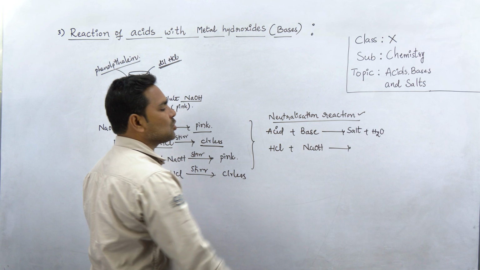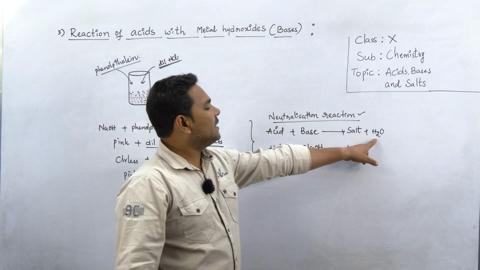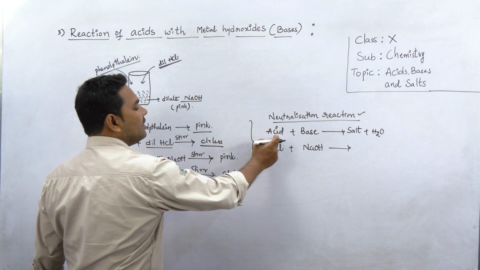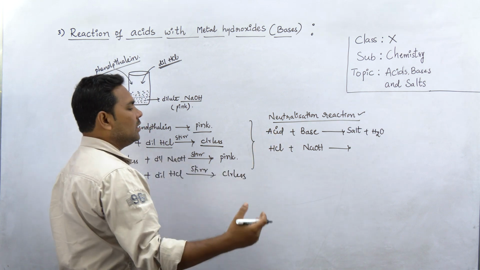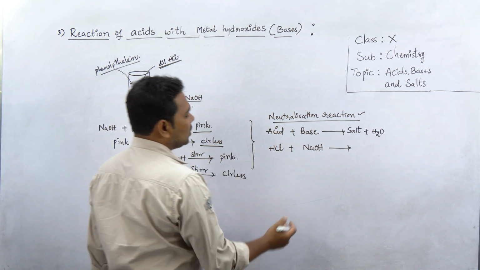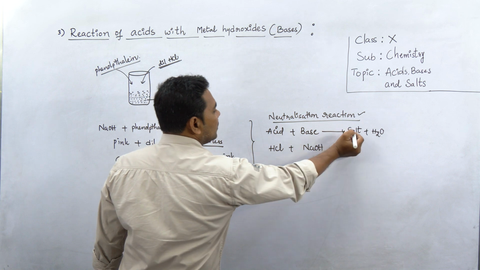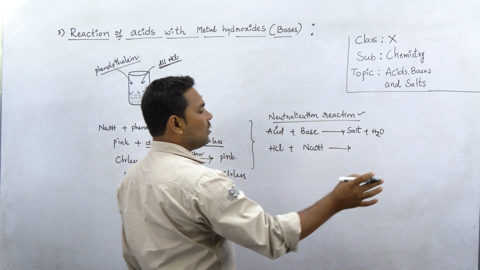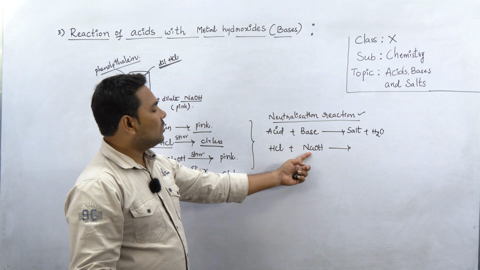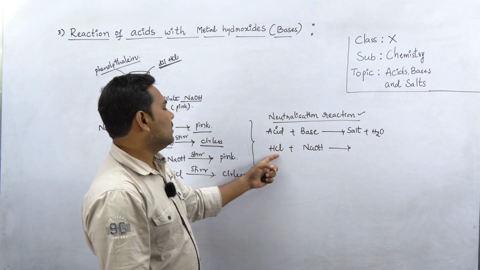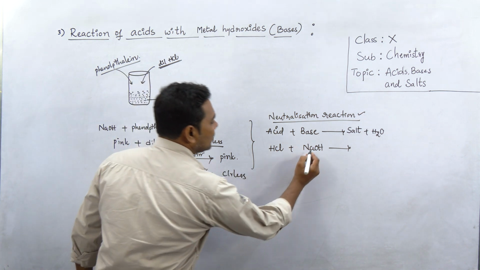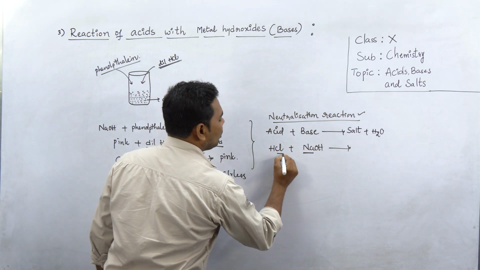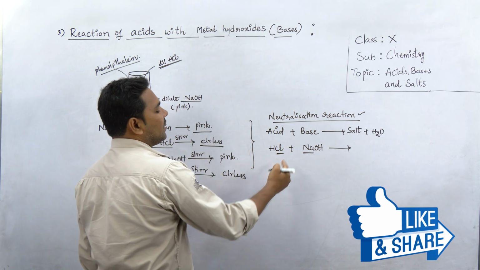Then, what is the salt? Water is one of the products, and its formula is constant. But when you take different acids and bases, the nature of the salt changes. Generally a salt is an ionic compound formed from the cation of the base and the anion of the acid. The cation is a metal atom from the base, and the anion is a non-metal or negative ion from the acid.